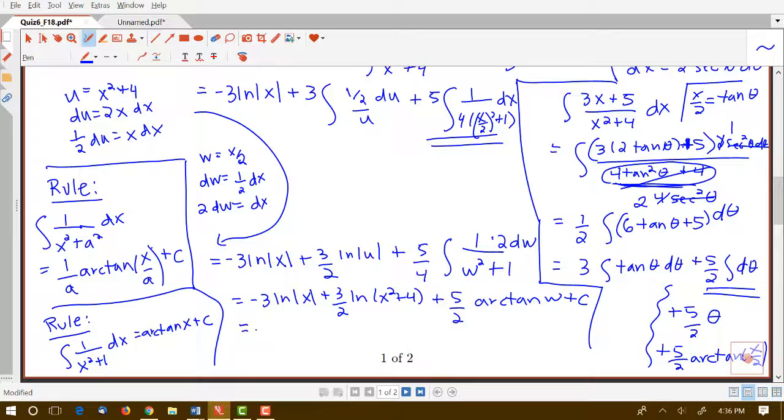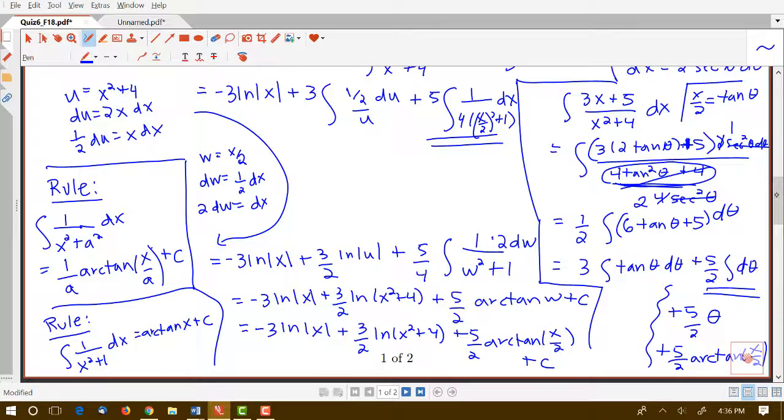And then notice that our w was x over 2, so I can get to the final answer here of negative 3 log x plus 3 halves log of x squared plus 4 plus 5 halves arctan of x over 2 plus c.